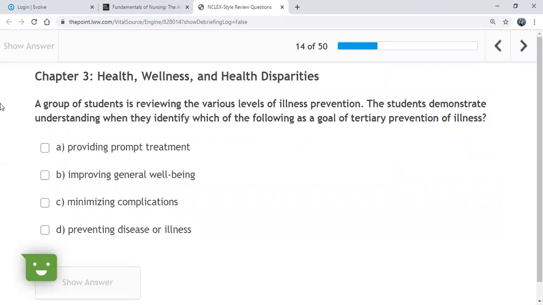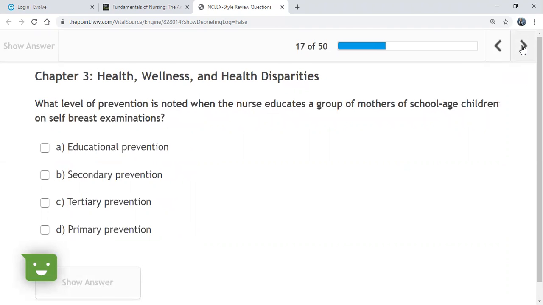Well, I'm going to go to another chapter now for a little bit. I thought this was going to take us to different questions when I picked 50, but it doesn't. It looks like it's staying on health and wellness.